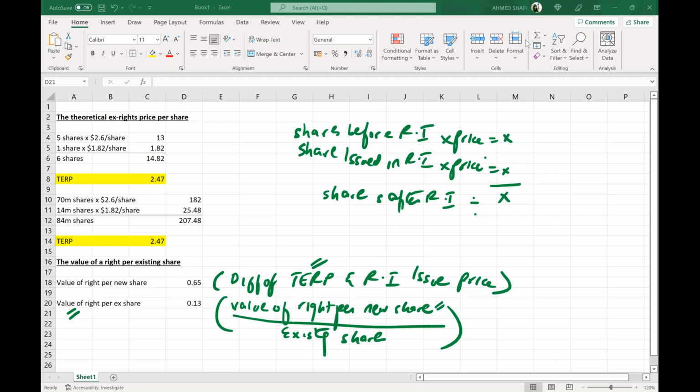There is no linkage in the TERP formula. So now, existing shares are 5 because 0.65 is per share, so you need to divide by the individual shares.